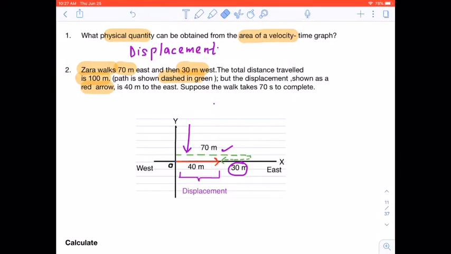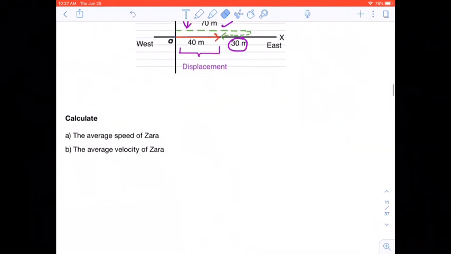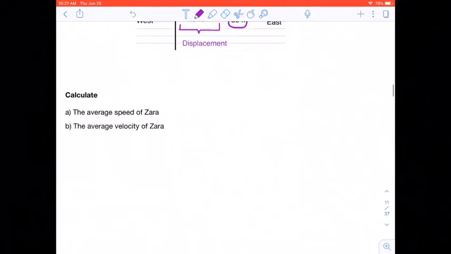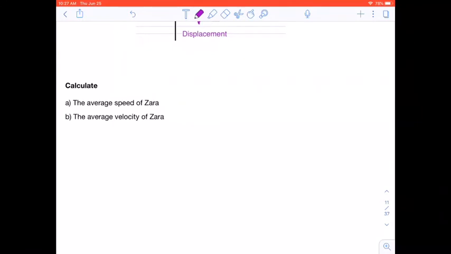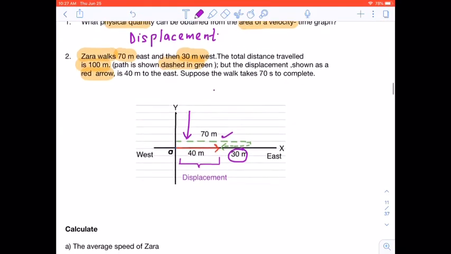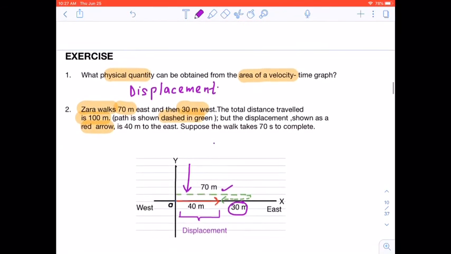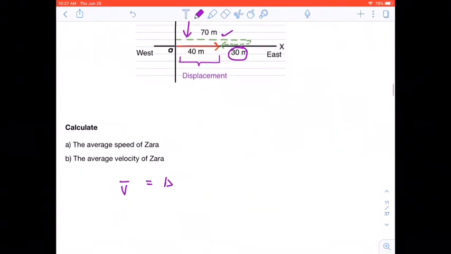Suppose the walk takes 70 seconds to complete. We want to know what is the average velocity. So the average velocity is equal to change in... first we need to know the average speed.